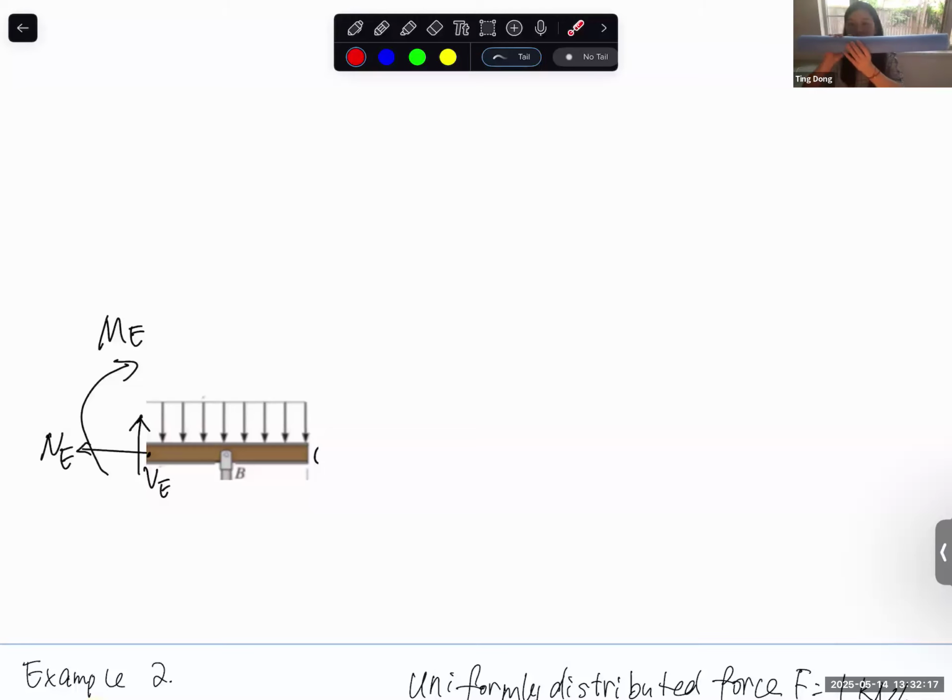Probably can see, I don't know, it's too much to change back and forth. Can you see me? Using this one.